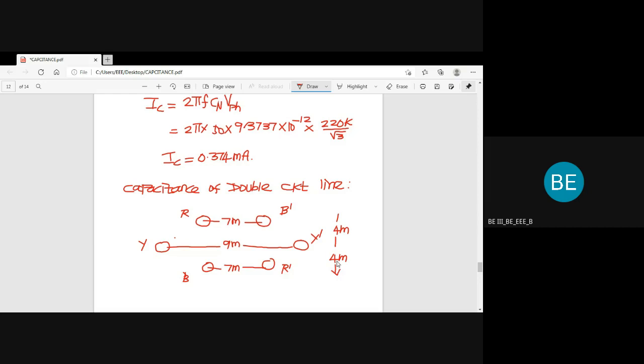So we have to compute the capacitance of the transmission line. They have given the diameter of each conductor, which is 2.5 centimeter.